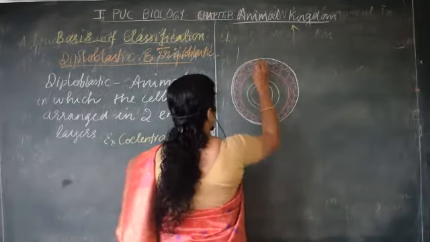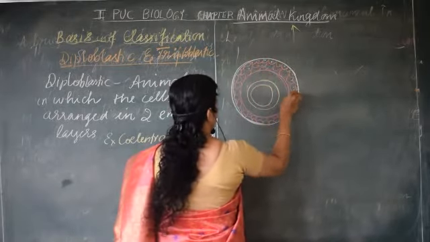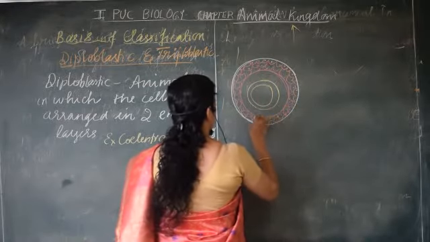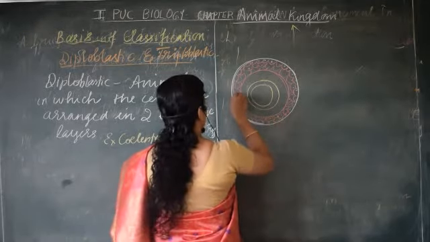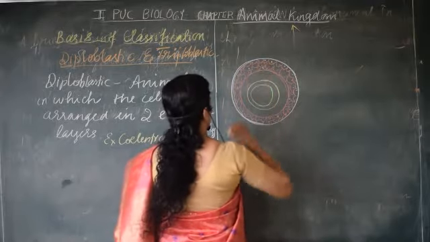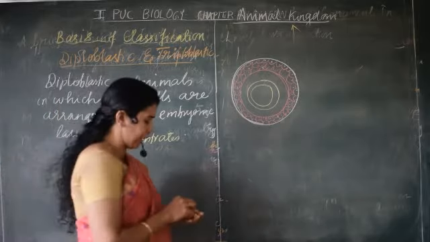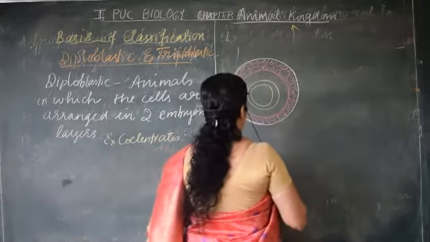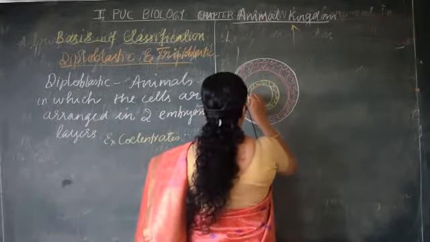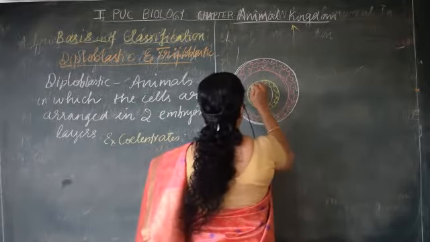So that is the outer ectoderm. This layer is the outer ectoderm and inner endoderm. Here also cells are there. So two layers of cells can be observed: outer ectoderm and inner endoderm.